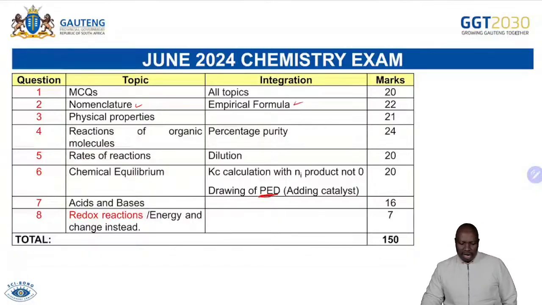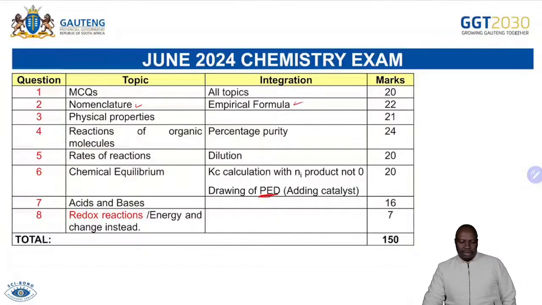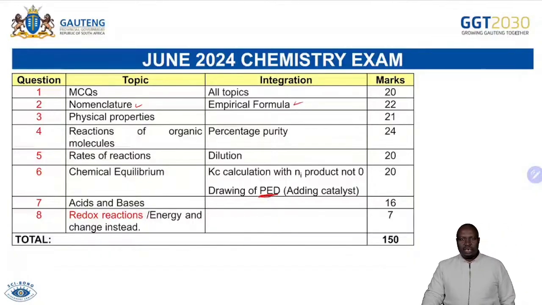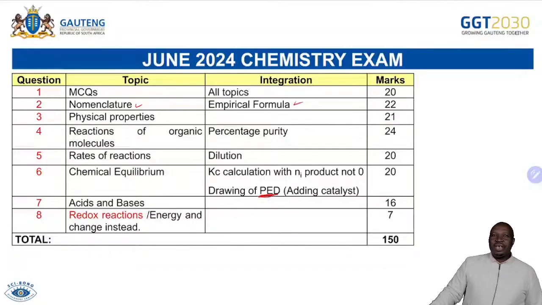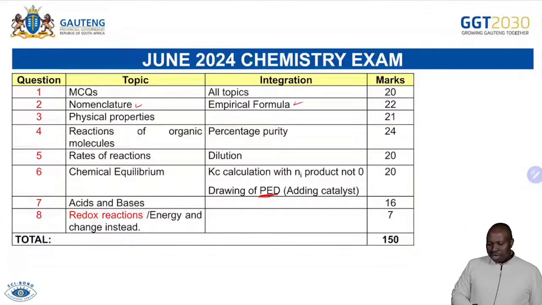We're including even pH. We're doing neutralization. We're doing hydrolysis. We're doing conjugate acid-base pairs. So there's nothing we're leaving out in terms of acids and bases. So you have to revise the entire topic. And then we won't be having redox reactions in terms of this paper. We'll be focusing on energy and change.